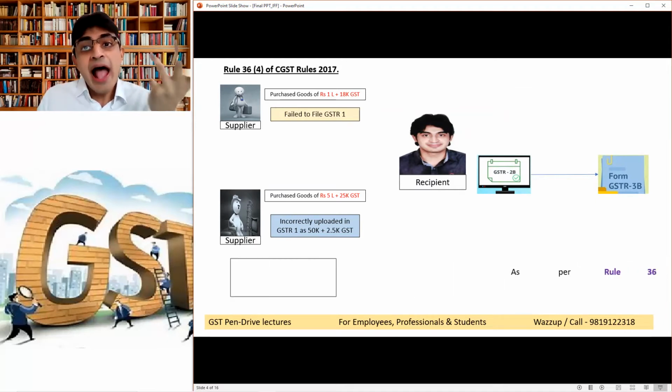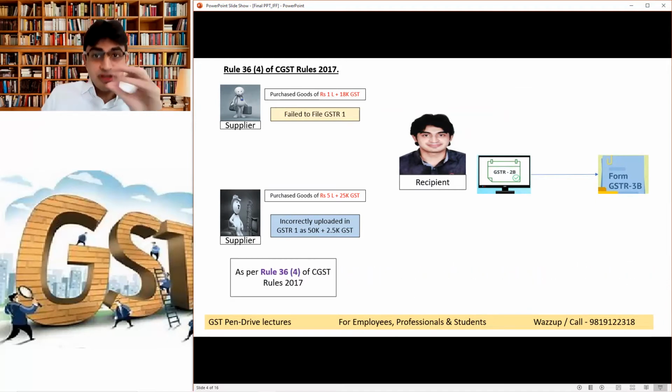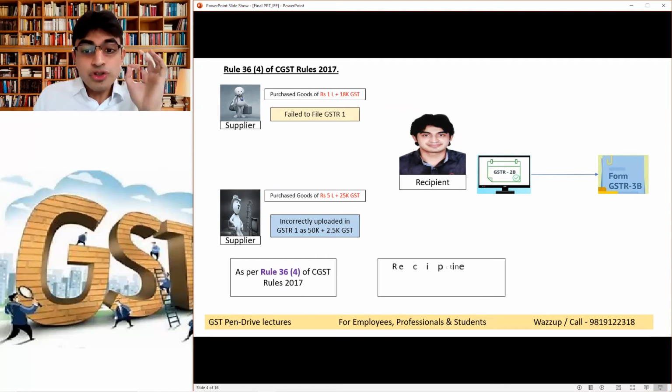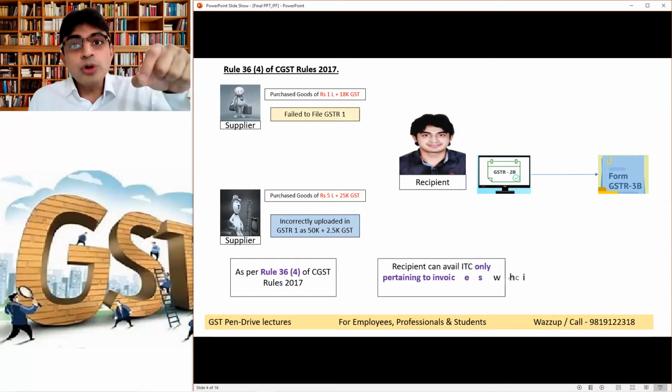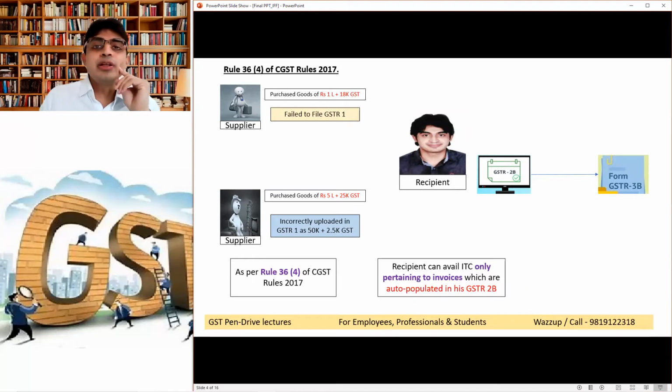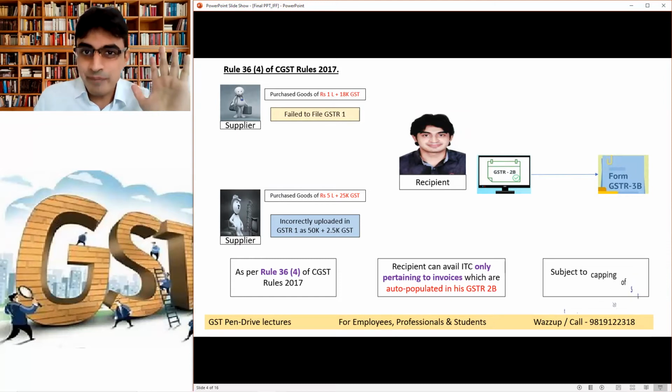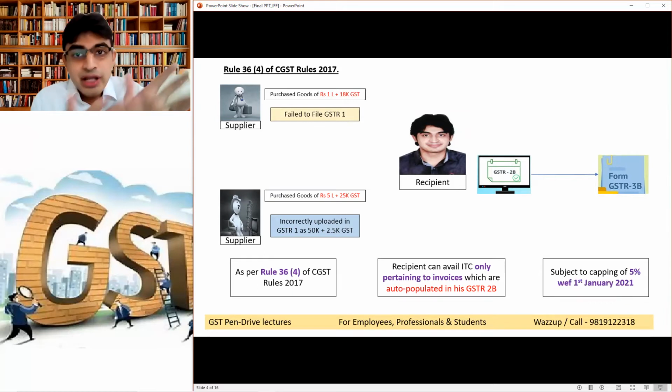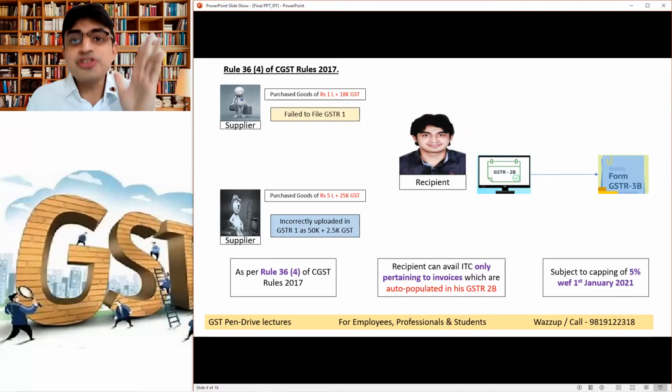So what happened? As per Rule 36 sub rule 4, this dangerous rule, whatever ITC is auto-populated in my 2B and 3B, the recipient can avail only that much ITC, subject to a capping of 5%. He can take 5% excess. So what is this? We are left to the mercy of the supplier. So Rule 36 sub Rule 4 has restricted.